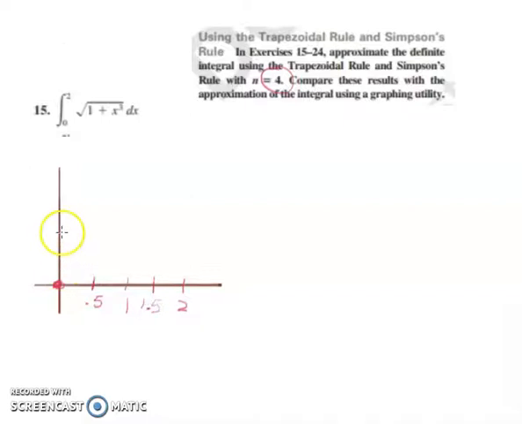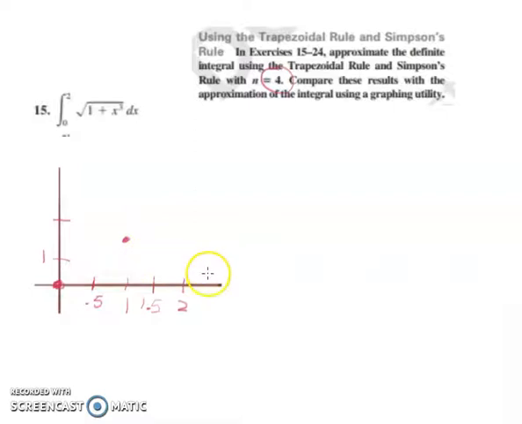Okay, now let's find the values here. Well, we know at 0, that would be the square root of 1, which is 1. At 1, that's going to be the square root of 2, which is 1.41. So that's about here.